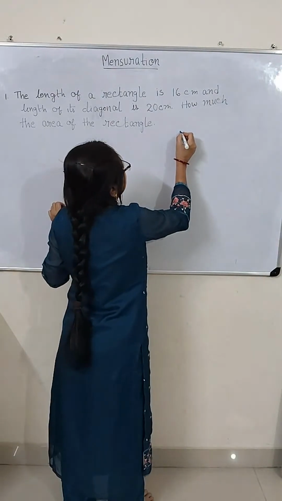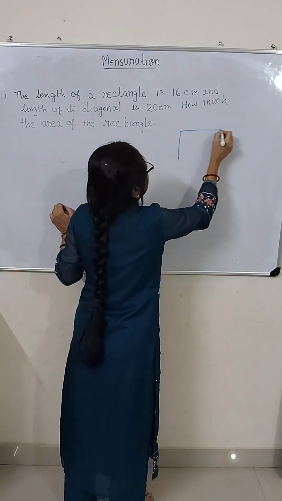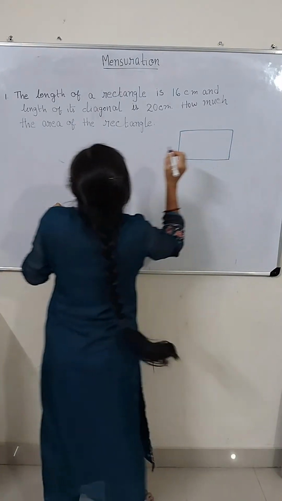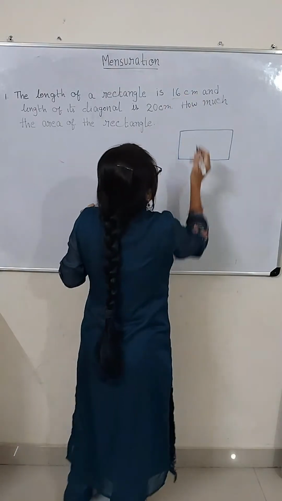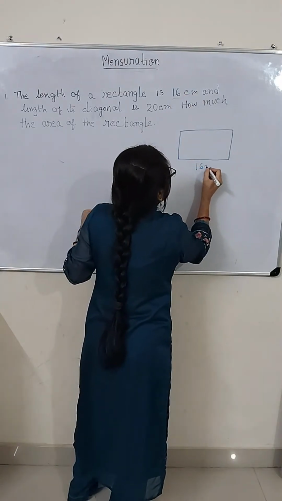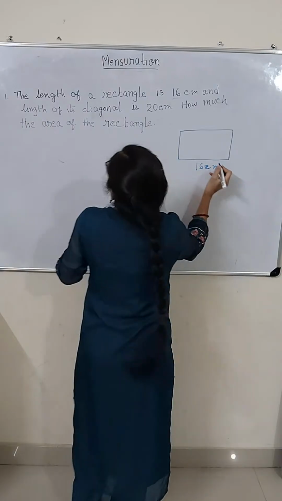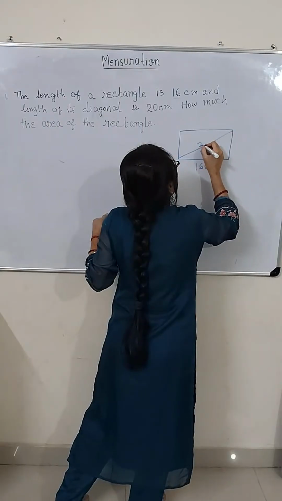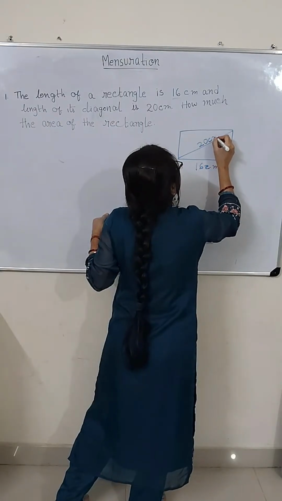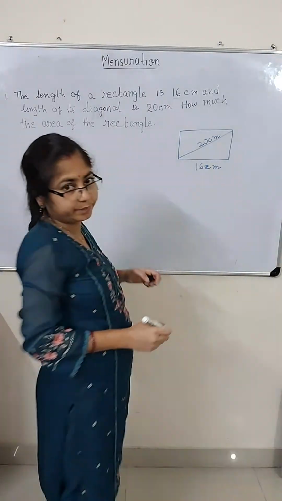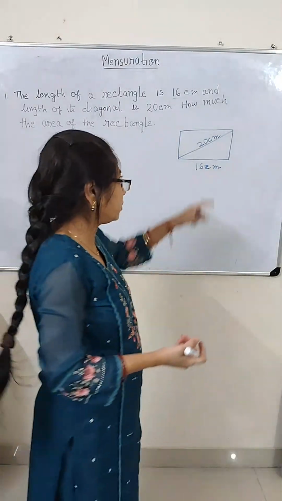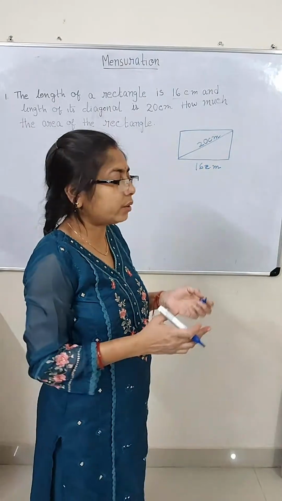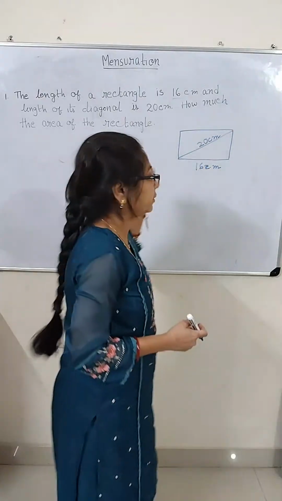The length is 16 centimeter and the diagonal is 20 centimeter. According to the Pythagoras rules, this is a 90 degree angle, so I can use the Pythagoras theorem and find the breadth.